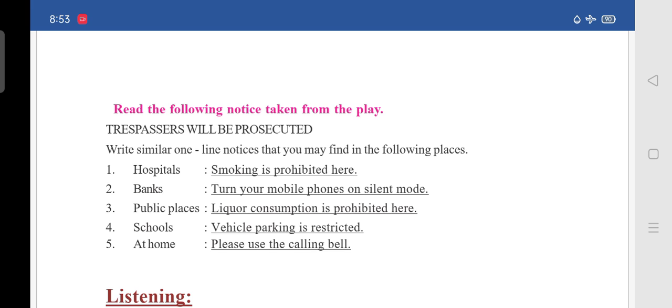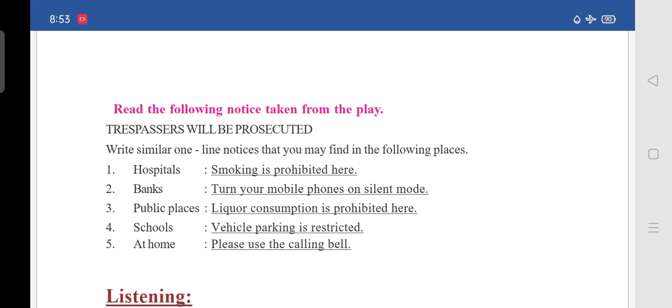So first one is hospitals. Normally in hospitals, what notice will we see? Smoking is prohibited here, isn't it? So the notice we see in hospitals is smoking is prohibited here.